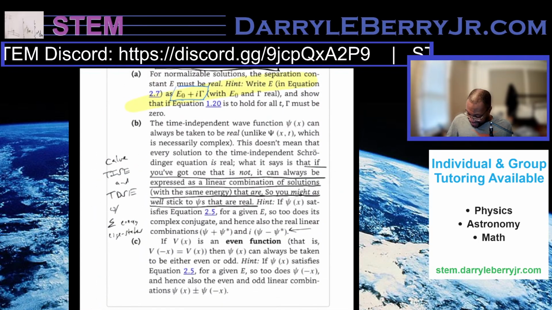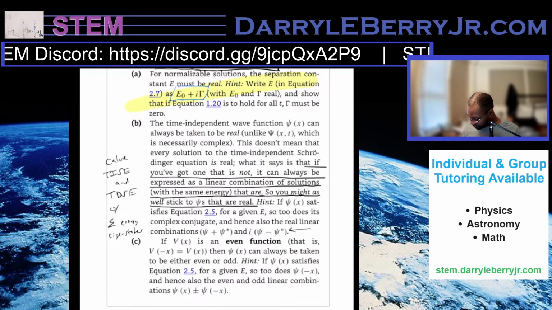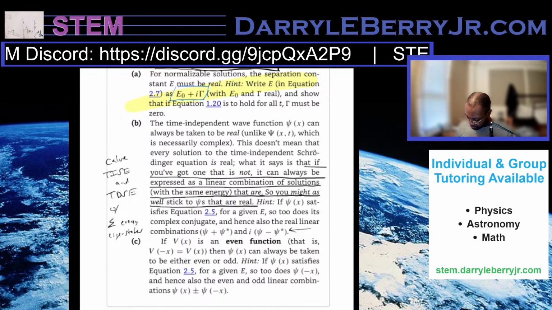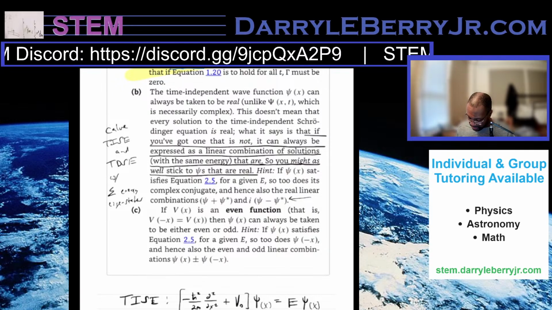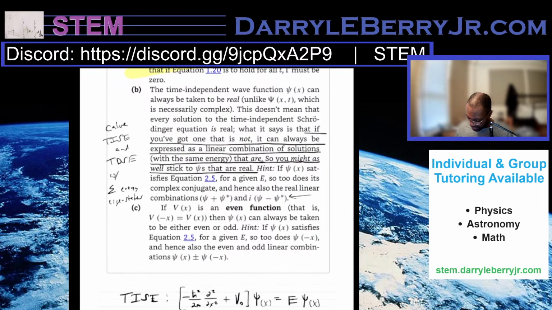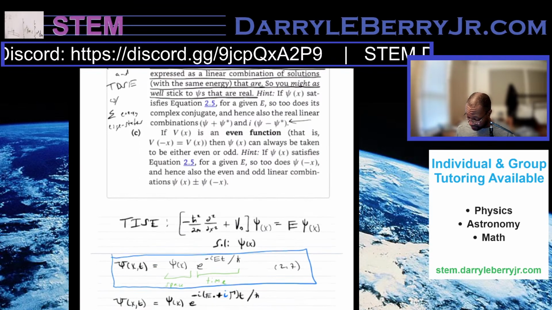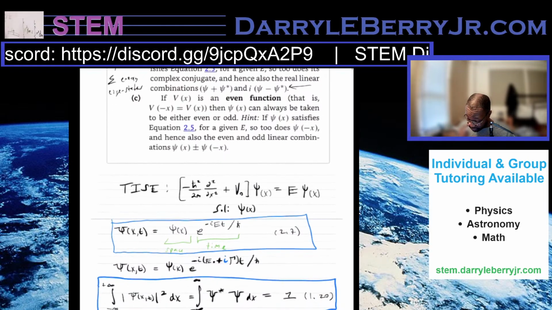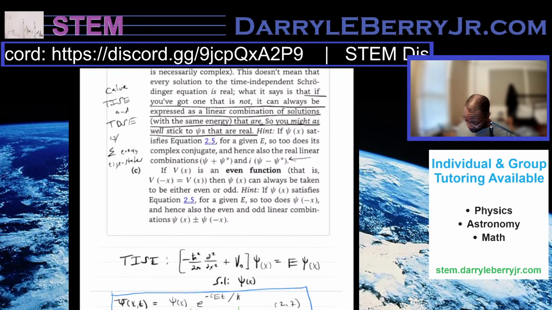So we want a psi that satisfies the time independent equation. And we want to see if the complex conjugate also satisfies it. And we want to see if the linear combination of the two takes care of it altogether.